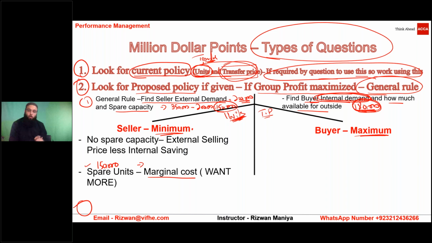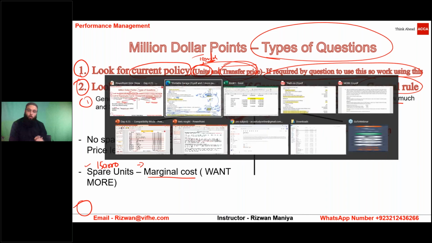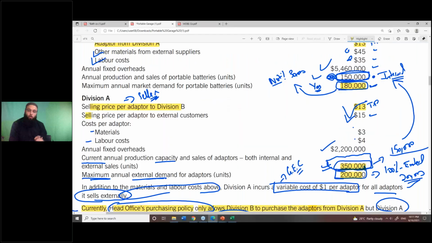So for the spare units, the minimum transfer price of the seller will be marginal cost. So let's go to the question. Seller marginal cost is how much? 3 material, 4 labor. That's 7. Okay.